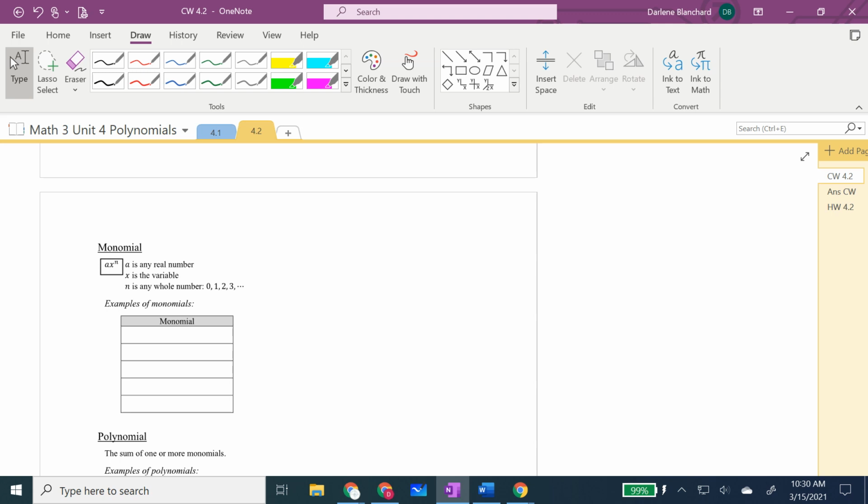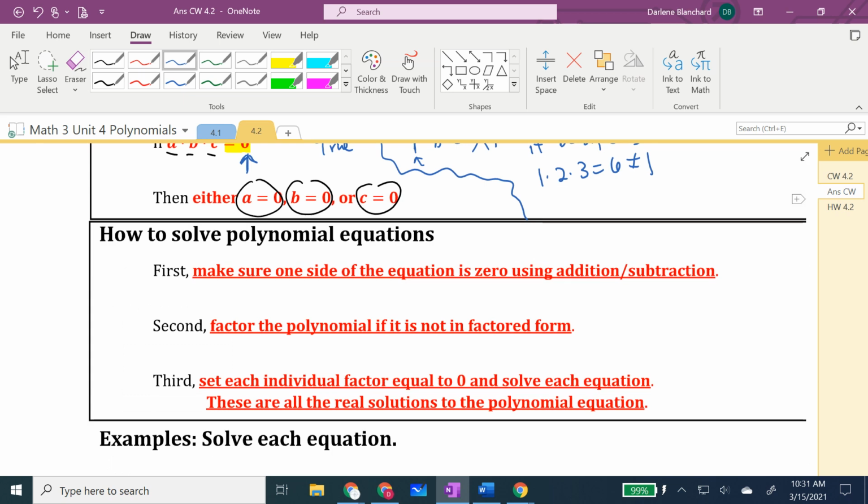If you don't have this printed out, you do not need to write everything that you see on this sheet. Just write down the things that the people who have printouts would need to be writing down. And I'm going to go over to the answers and just talk through the answers.